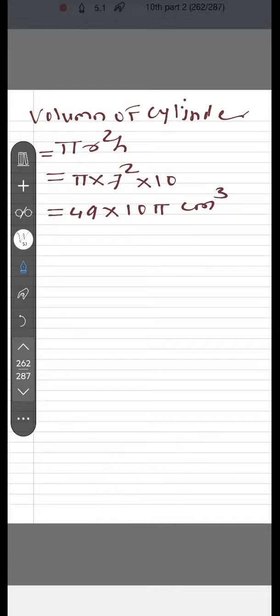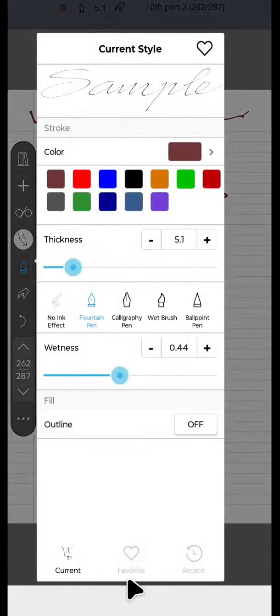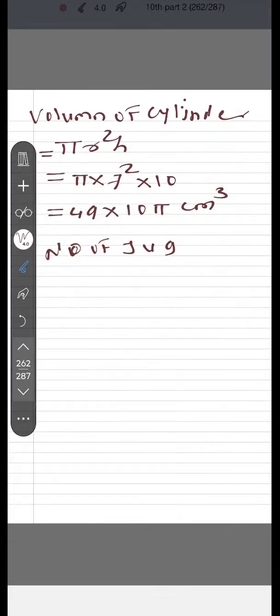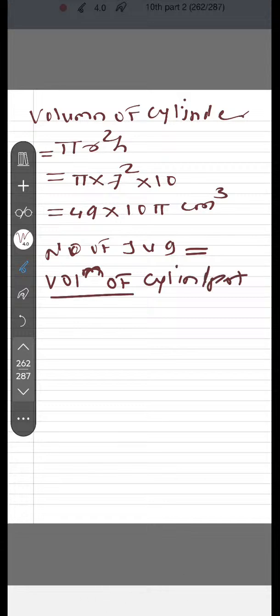So what does the question say? They have given us both things, the volume of the cylinder and the volume of the conical jug. So simply, number of jugs is equal to the volume of the cylinder pot divided by the volume of a conical jug.